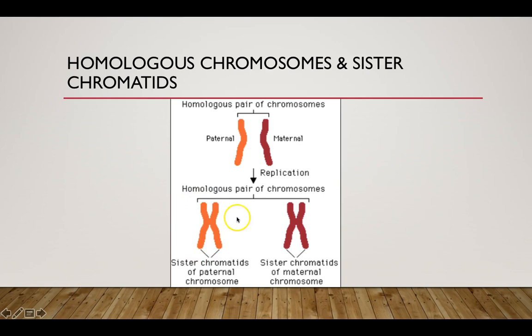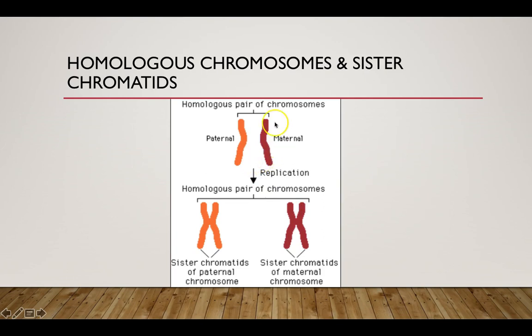These 2 are considered sister chromatids because they are held together by a centromere and they are replicated chromosomes. So here are the maternal sisters, here are the paternal sisters, and the paternal sisters are non-sisters to the maternal information. They're homologous. So sisters, sisters, non-sisters, or homologs still carry the same information.